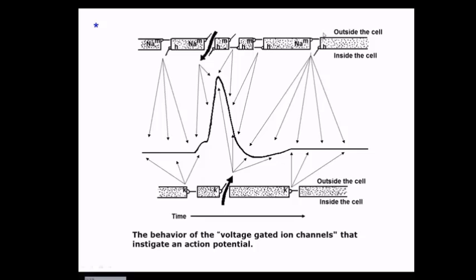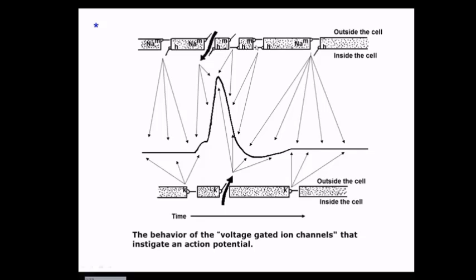Let's go back over this. Let's make some points here. The points are, these gates are not real. It just allows me to easily describe what's taking place. The reality is this integral membrane protein called the sodium voltage-gated ion channel has four different conformations dependent upon the voltage of the membrane.